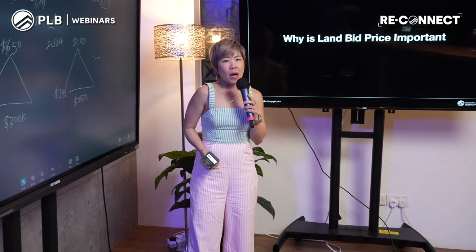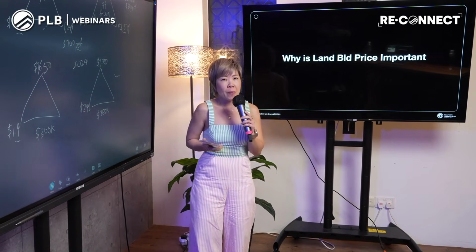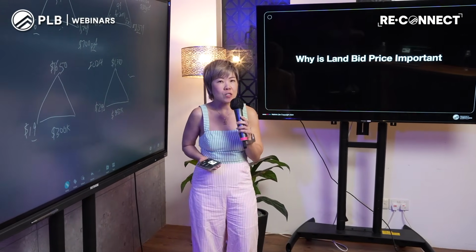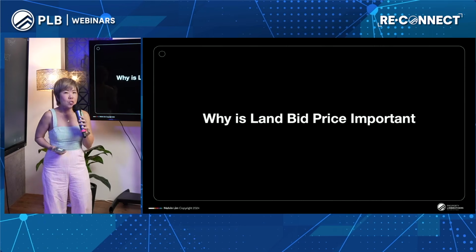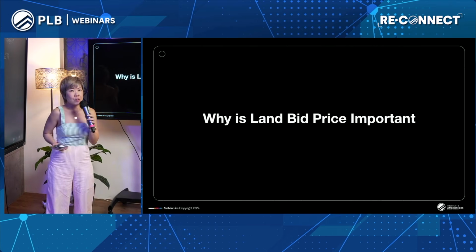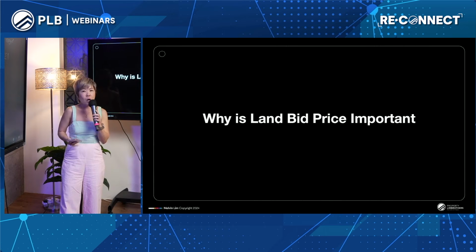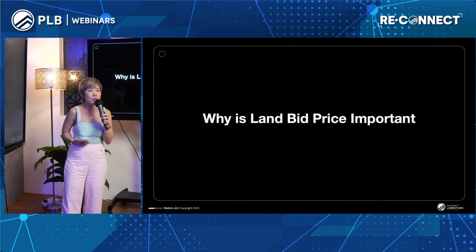Okay, so one of the ways the government introduces houses into the market is through the government land sale. The government releases the government land sale twice a year on the URA website, and that is how developers come in to bid for land and develop new private residential projects.